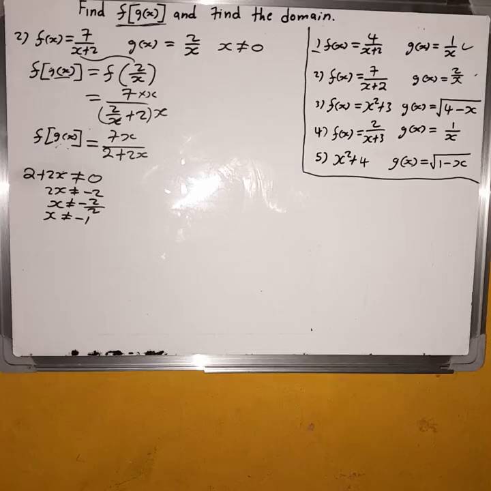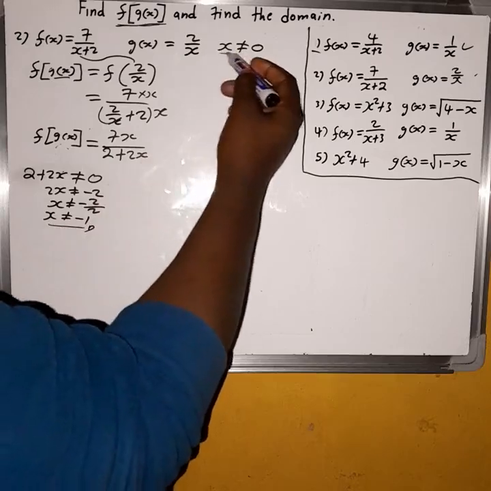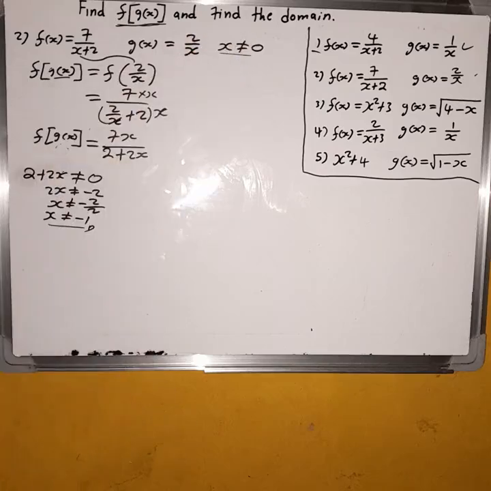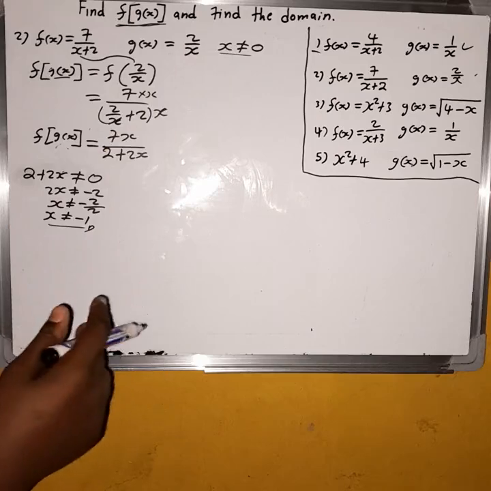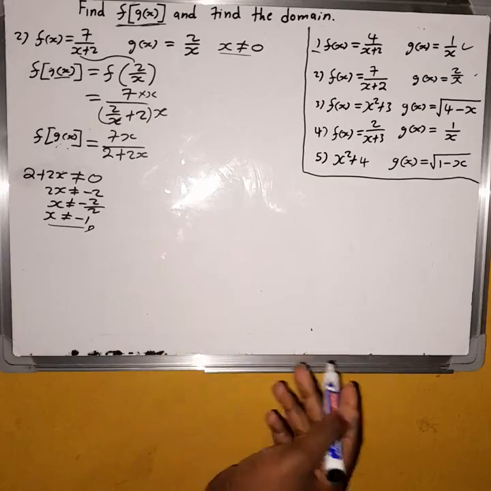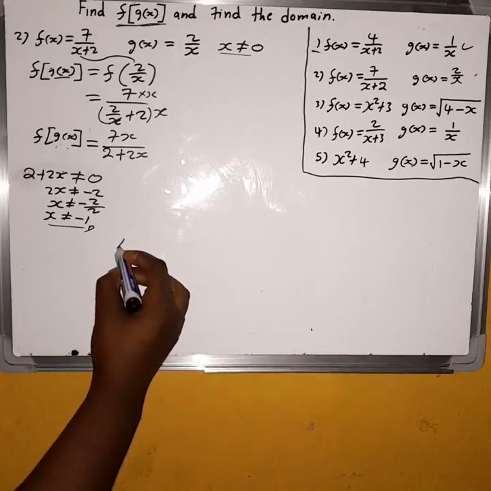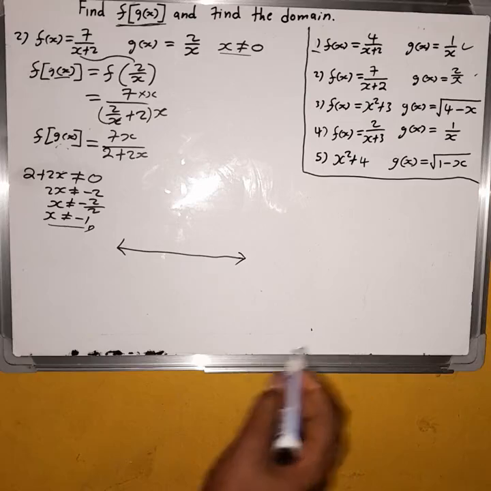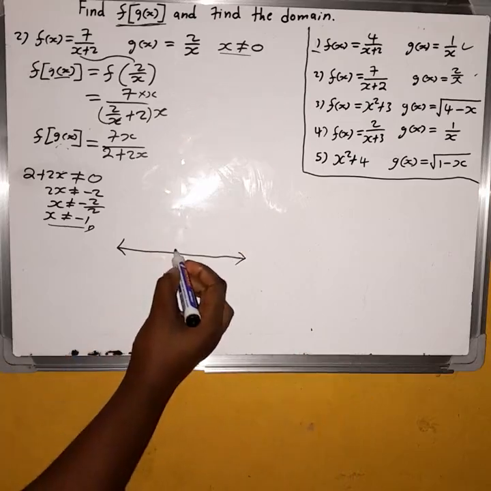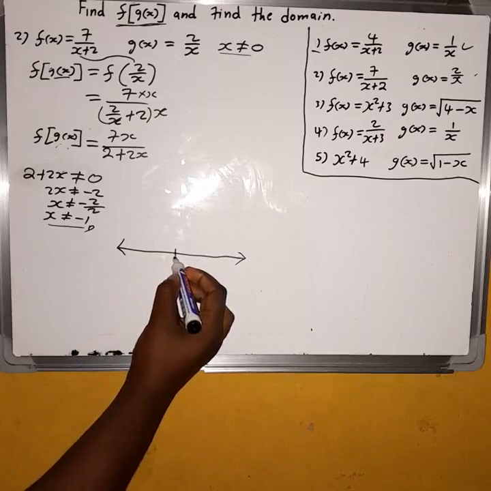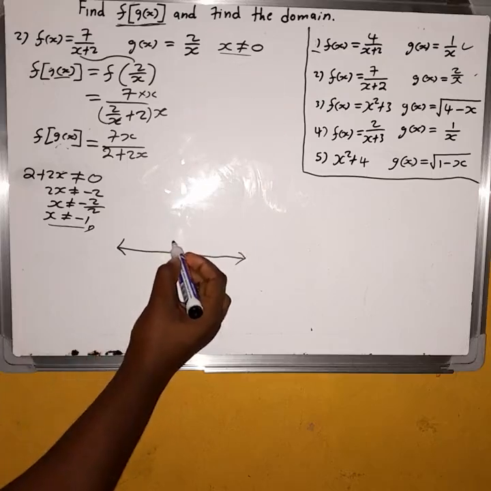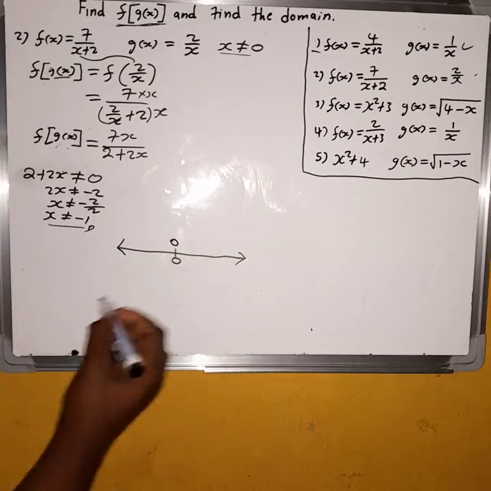So we have minus 1, and then the 2 restrictions. Now I hope you know you can use your number line. 0 is not included, so use an open circle here.